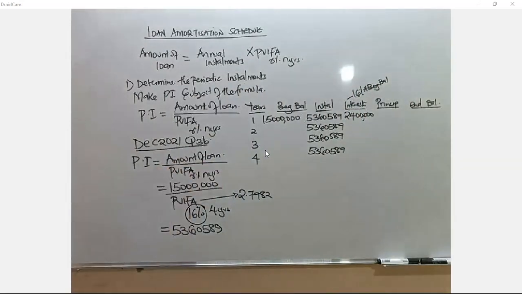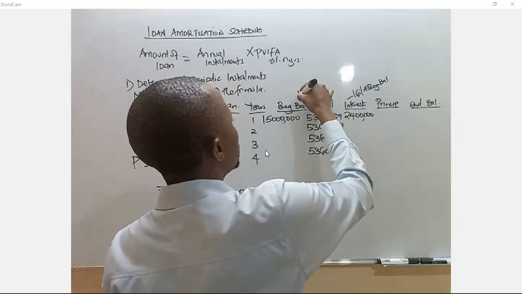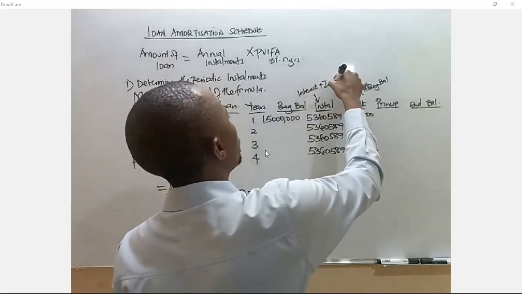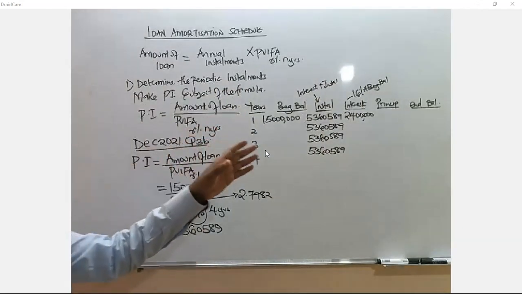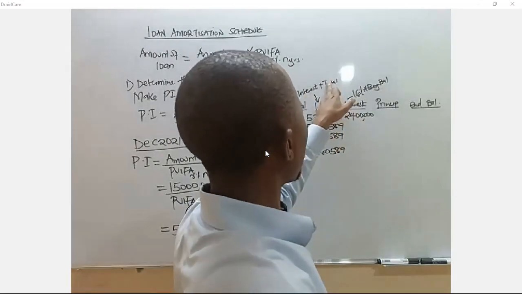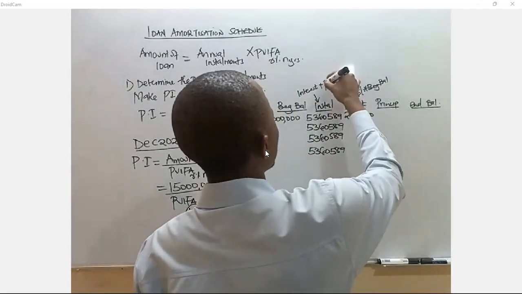What about the principal amount? The principal amount is normally determined this way. Remember, the installment normally comprises the two: the interest plus principal.